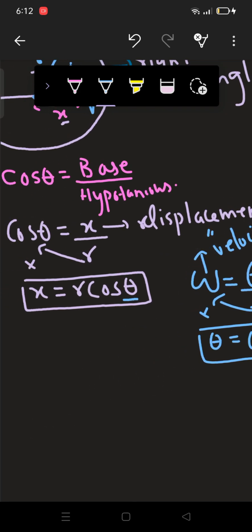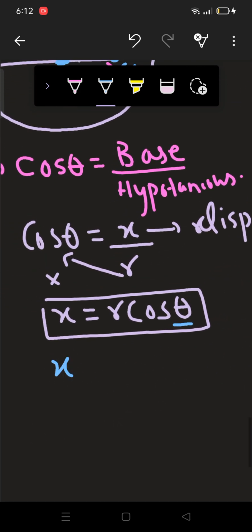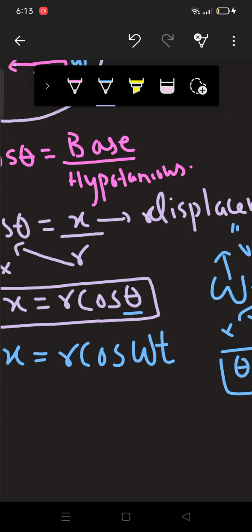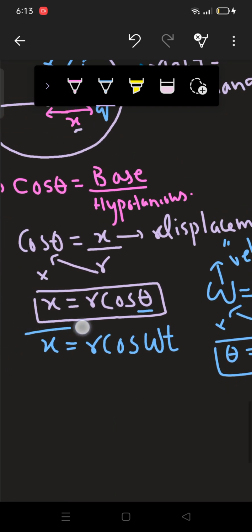Now let's put this in this formula. So x is equal to r cos omega t. This is the second formula for it.